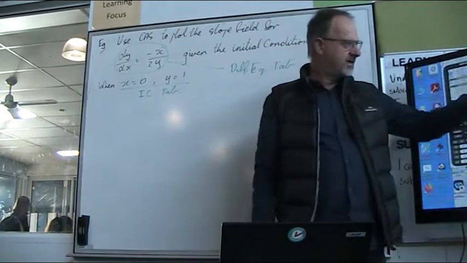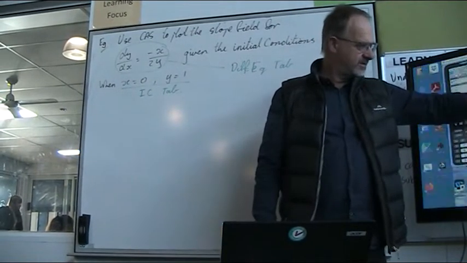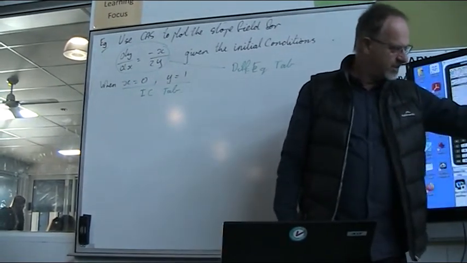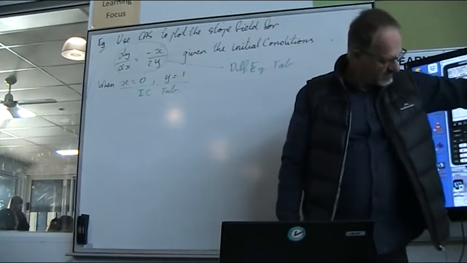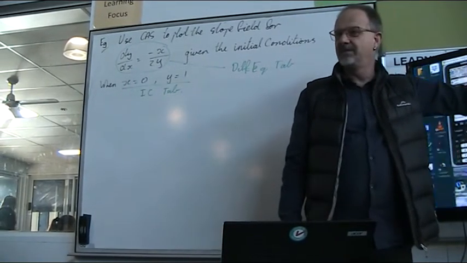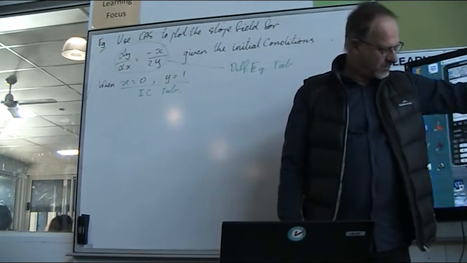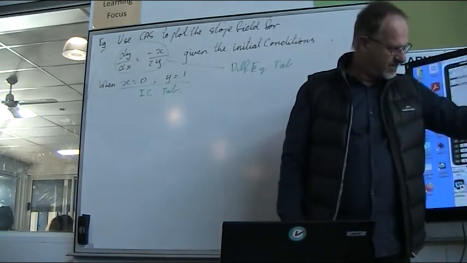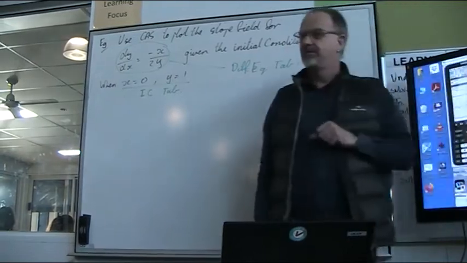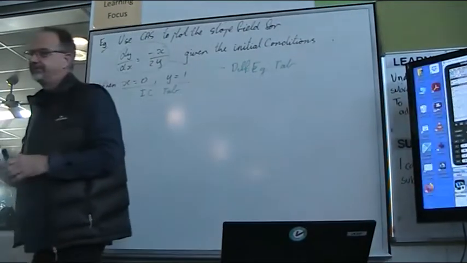But because we've got initial conditions, x equals 0, y equals 1, that's where that pink dot is. So the particular graph that we're looking for is the one that curves around through that pink dot.